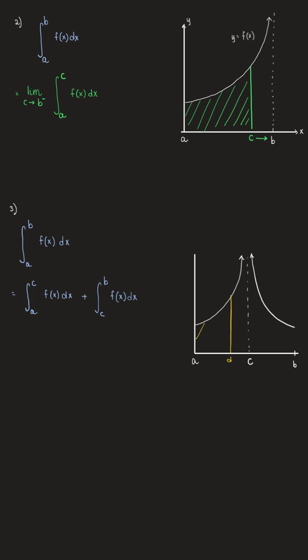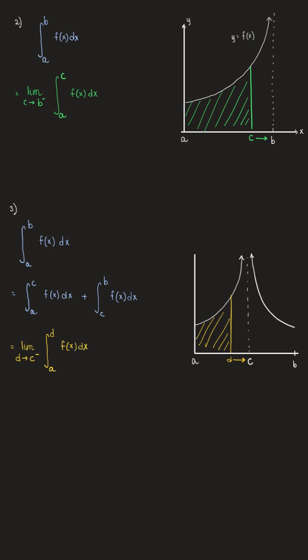We're going to find an expression for the area between the function and the x-axis from a to d, and then we're going to let d approach c from the left-hand side. So we're going to set up a limit here for the first integral. The limit as d approaches c from the left of the integral from a to d of f of x dx.